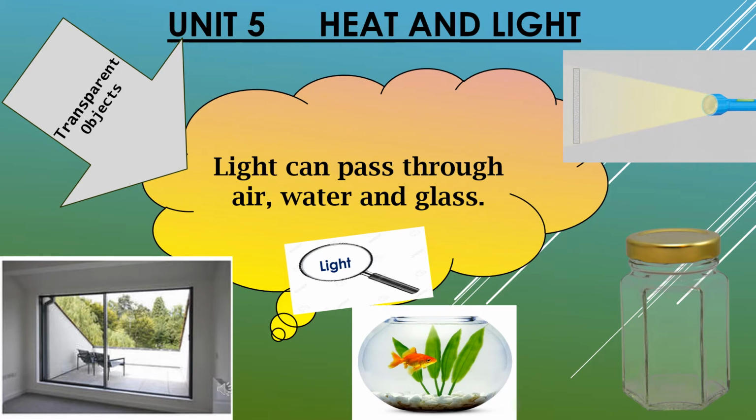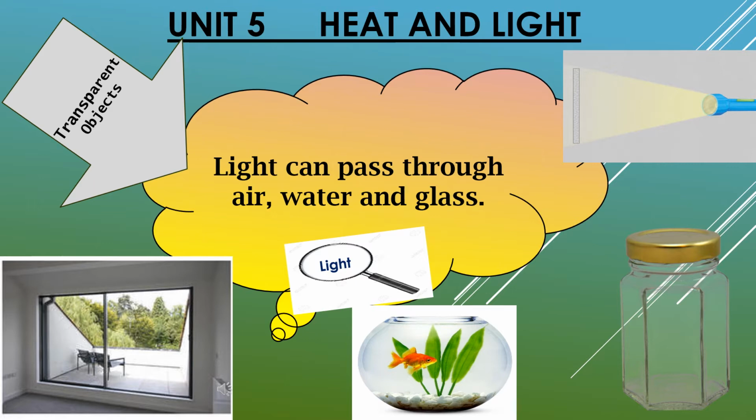Dear students, in the last lesson, we have learnt about two types of objects, transparent objects and opaque objects. Light can pass through some of the objects like air, water and glass. These are called transparent objects, the objects from which light can pass through.